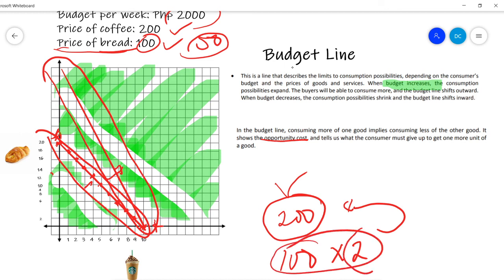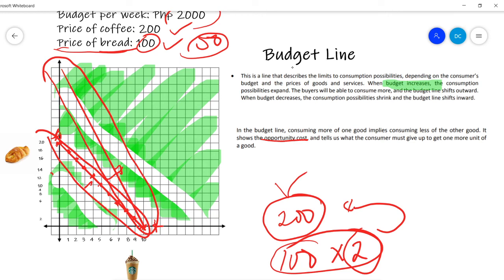And this 2 here is the slope of the budget constraint. So what is the slope of the budget constraint? The slope of the budget constraint measures the rate at which the consumer can trade one good for the other. If you can still recall, in your math class, when you say slope, it is the rise over run. Para madali nyo maintindihan, it's the rise over run.